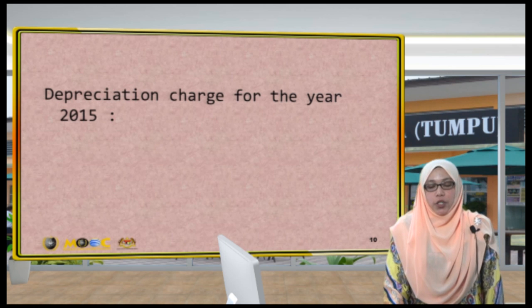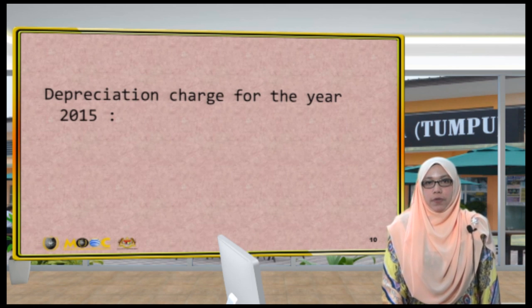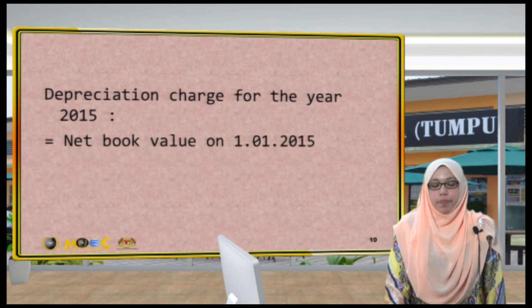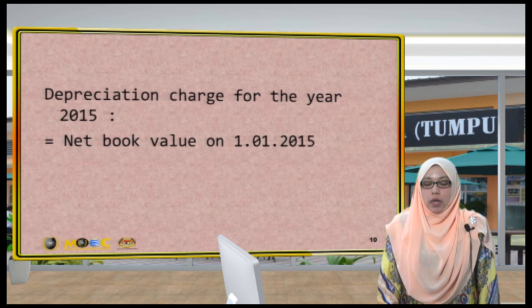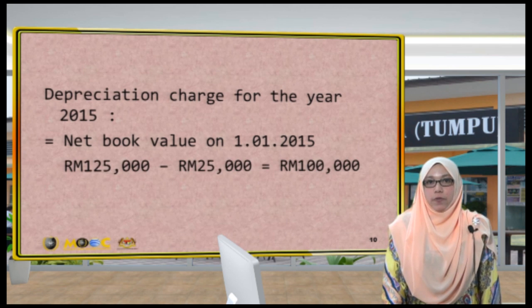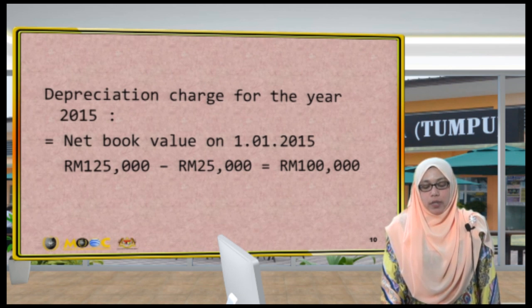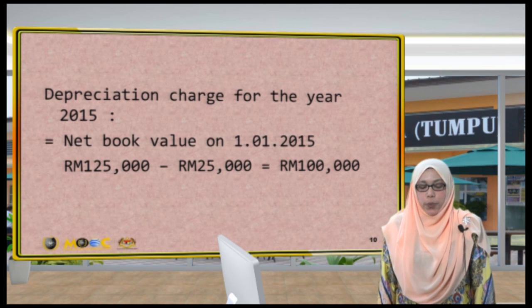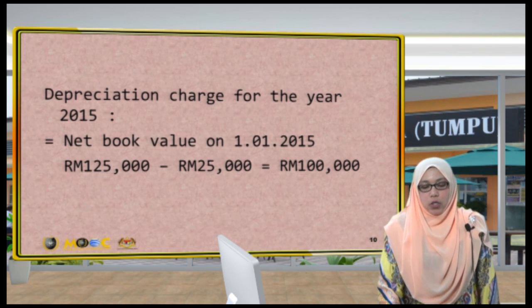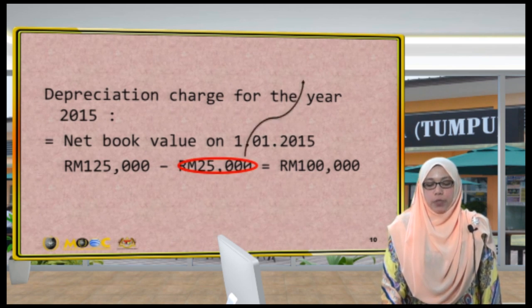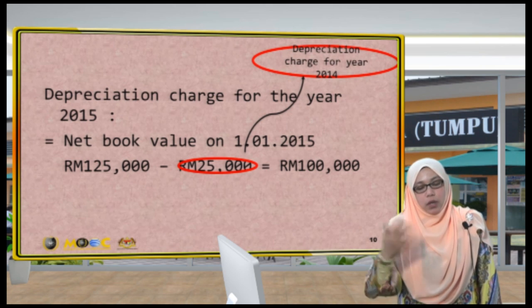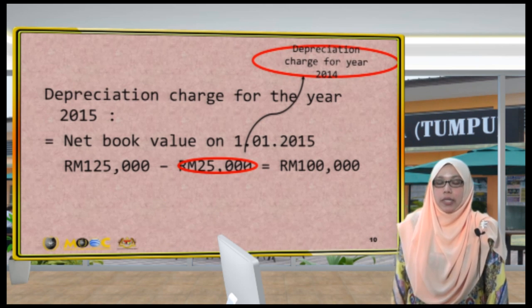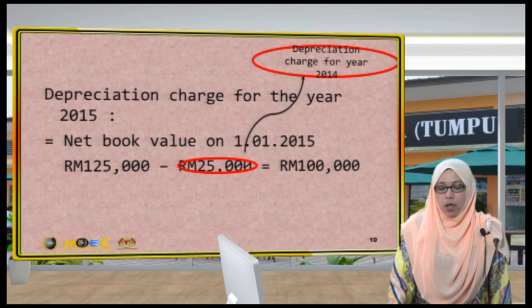Then depreciation charge for the year 2015 will be based on the net book value on 1st January 2015, which is 100,000. We get it from 125,000 minus 25,000, where 25,000 is the depreciation that we have charged for the year 2014.